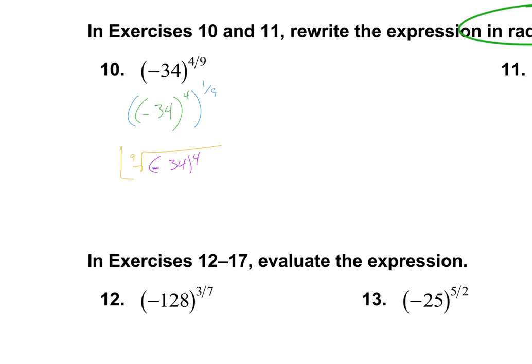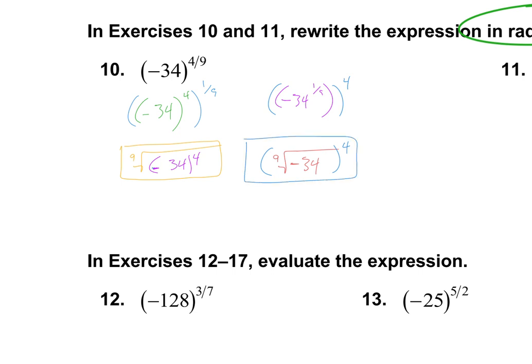That is one possible answer, okay? And the other is you could have it like this. You could have -34 to the 1/9 power, which has the 4th, to the 4th power outside of that. So it would look like this, -34, the 9th root of that, all raised to the 4th power. That's the other possible answer there.